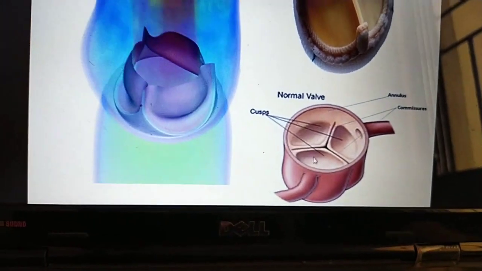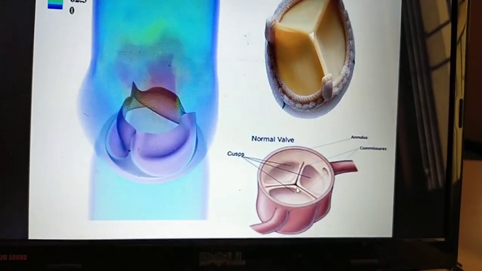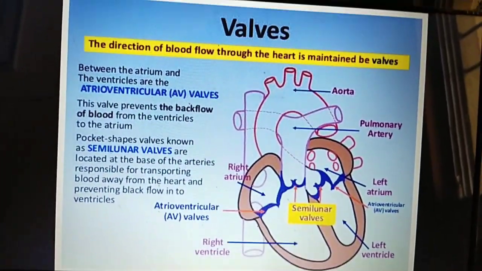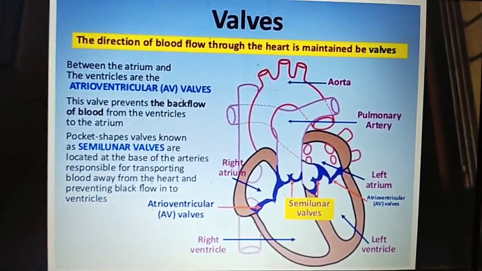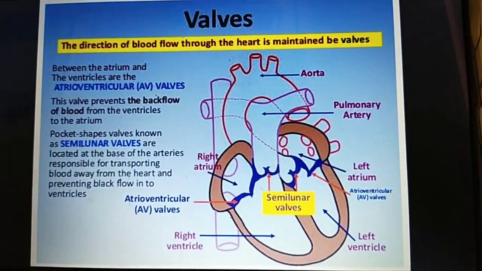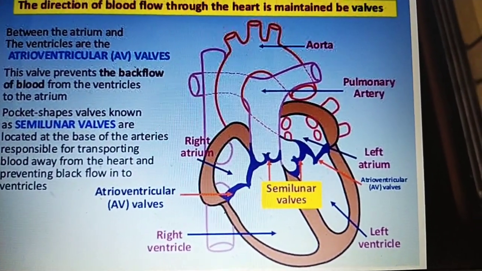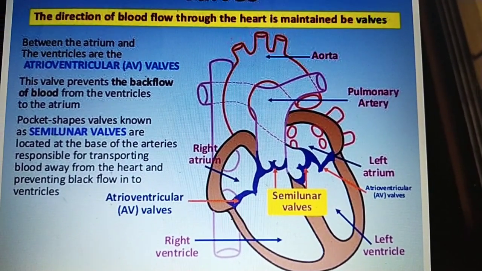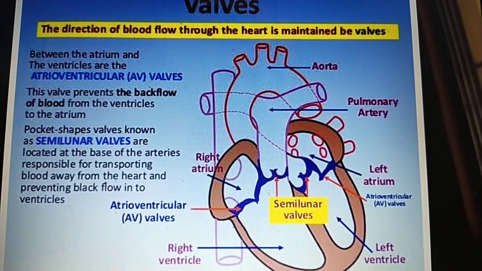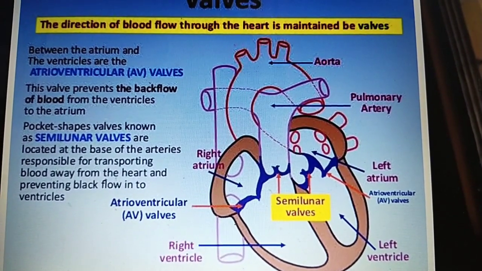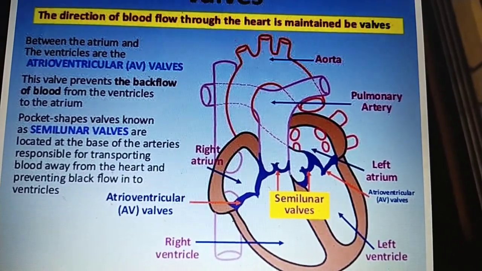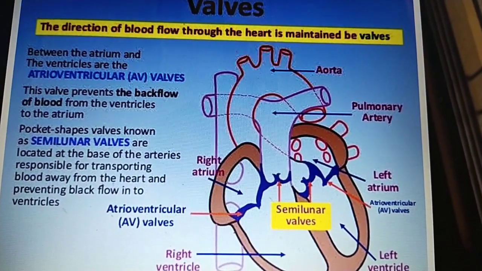Like this, the tricuspid valve is there. The valves maintain the direction of blood flow through the heart. There are two types of valves. There are atrioventricular valves, which are present between the atria and ventricles, and semilunar valves, which are present between the ventricles and the respective arteries of the heart.